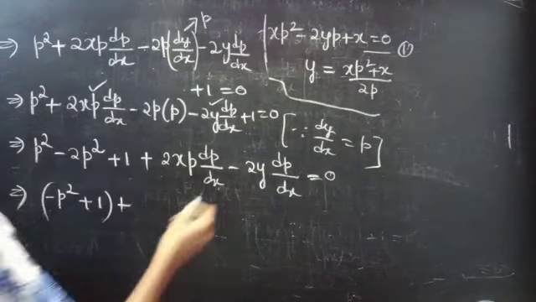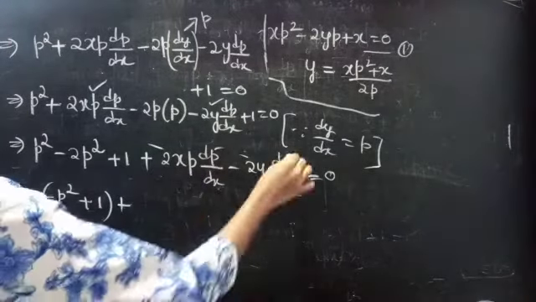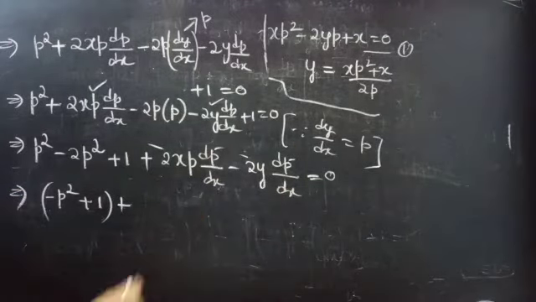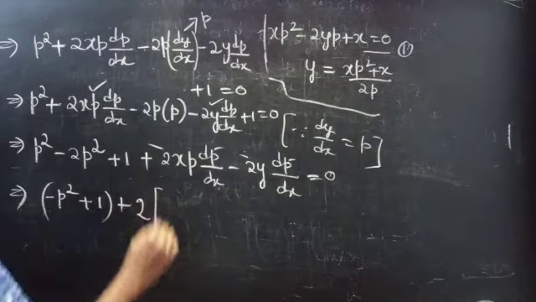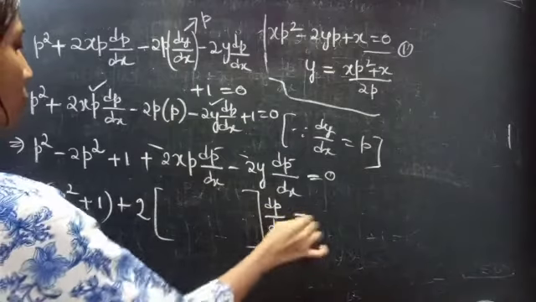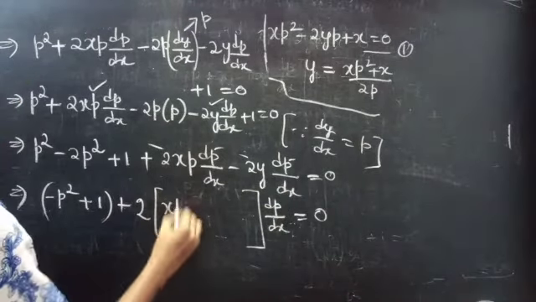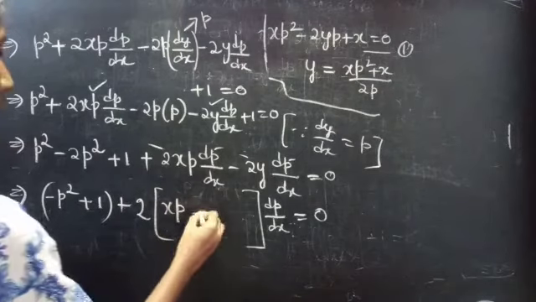Then p square minus 2p square is minus p square plus 1, plus from the last two terms you have 2 and dp by dx common. So take 2 and dp by dx common from the last two terms, then you will get 2 times (xp minus y).